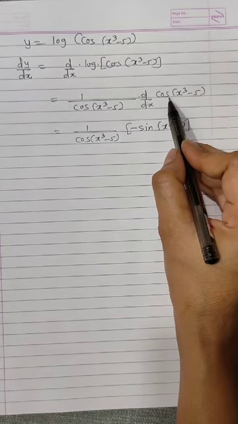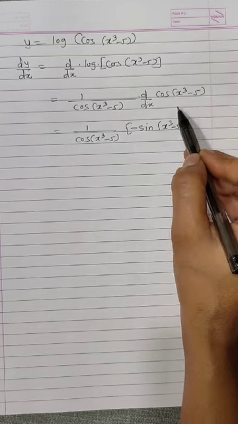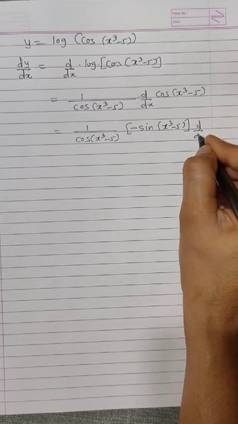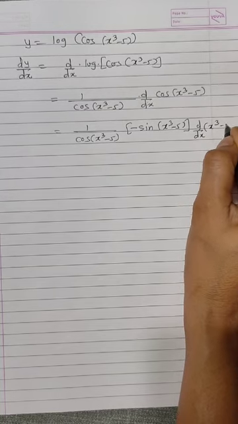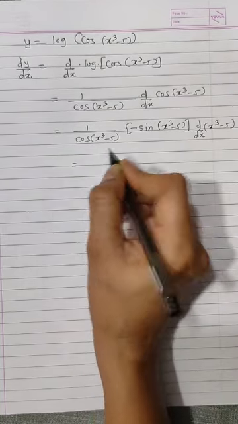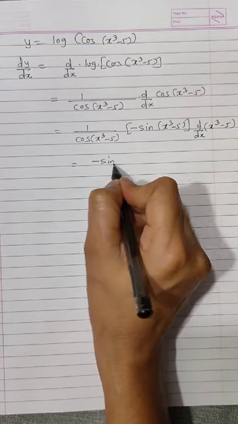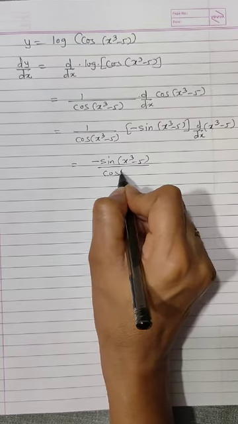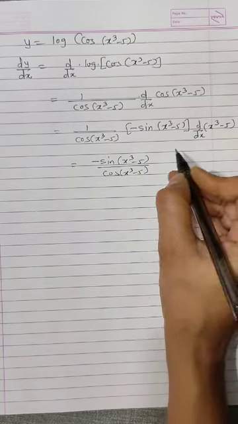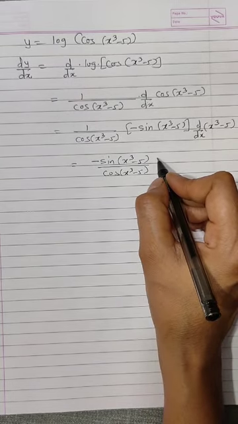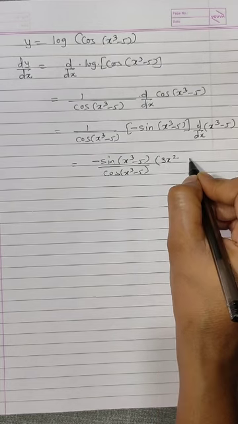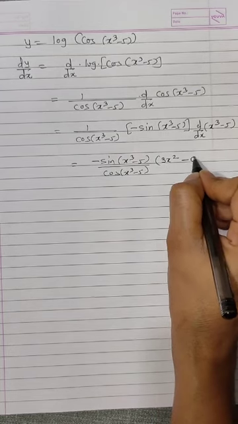But here it is not cos x, it is cos of (x^3 - 5), meaning other than x, so again the derivative of x^3 - 5. So it is equal to minus sin(x^3 - 5) upon cos(x^3 - 5) into the derivative of x^3 - 5. So the derivative of x^3 is 3x^2, and the derivative of 5 is 0.